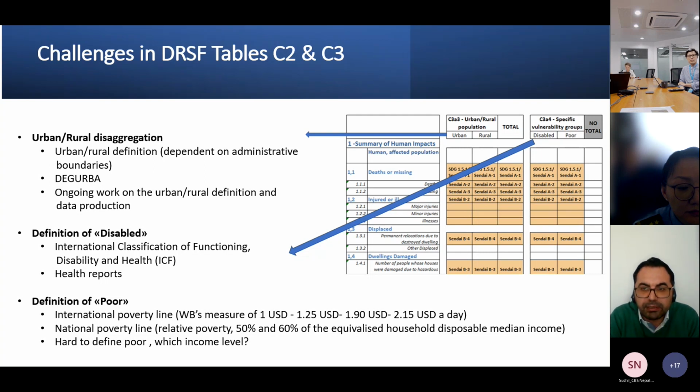So according to this classification, 72% of Turkey's population lives in cities, the urban areas, and 28% of the population lives in rural areas.